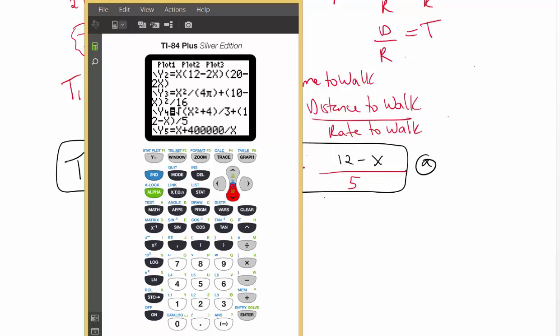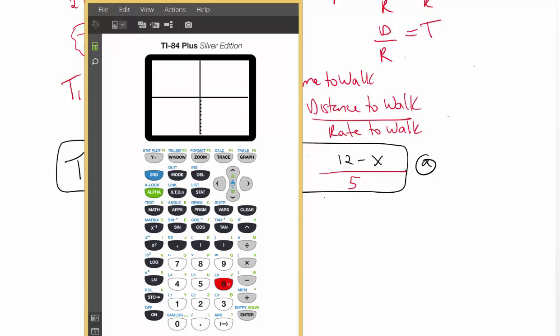And now we want to graph it, so I'll start with a zoom standard. And we just want a window where we can see a minimum. And as long as we can see a min, we don't have to do any extra work. So I can kind of see that there's a minimum somewhere around here. And you can shorten up your window dimensions if you want to make it a little bit more obvious, or you can just go with what you've got right here.